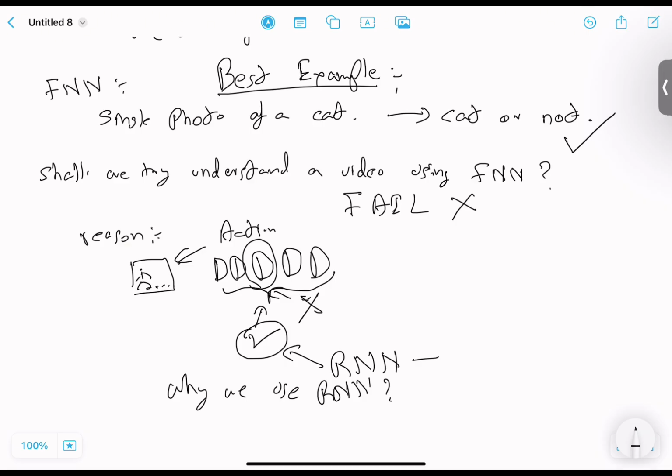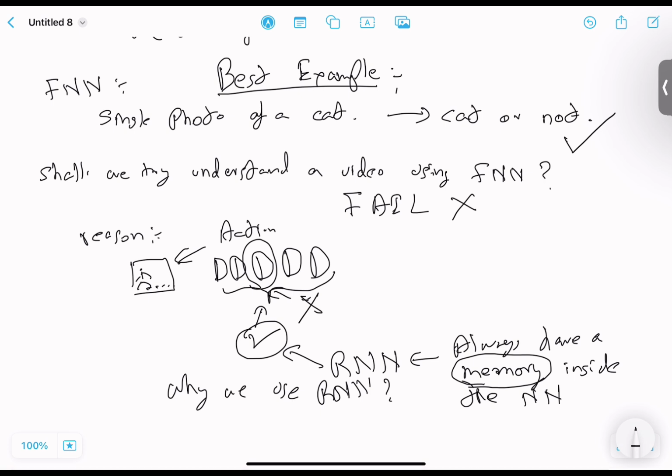So an RNN always has a memory inside the neural network. This memory is about the past data. That's what you need to remember.